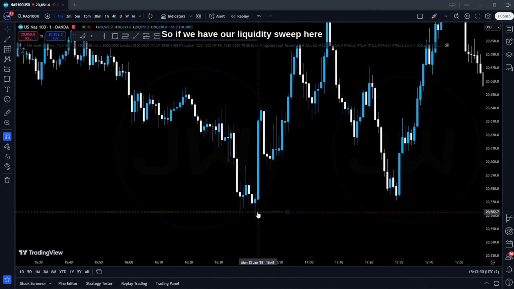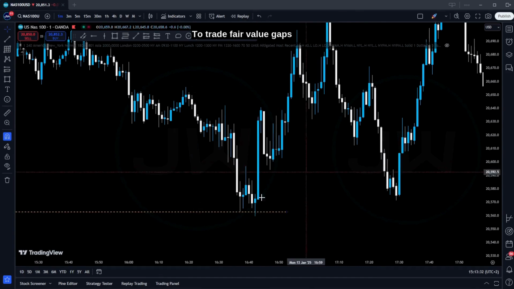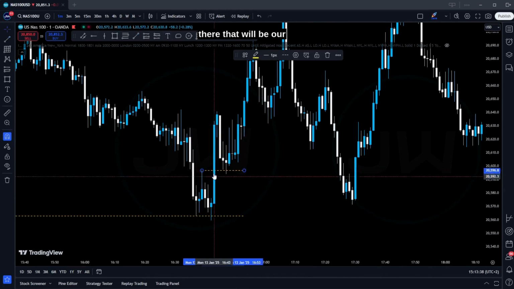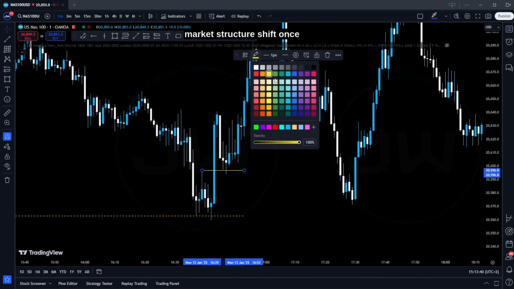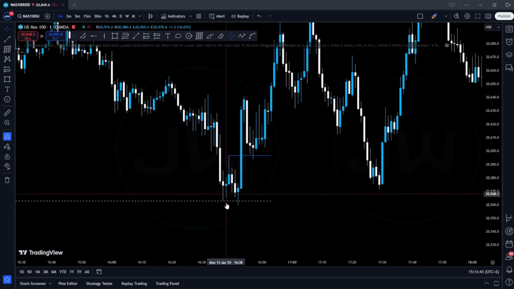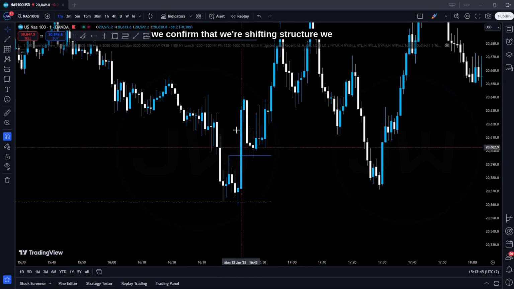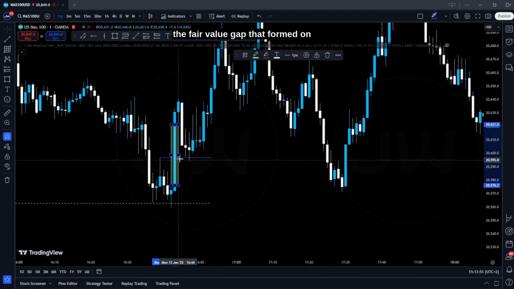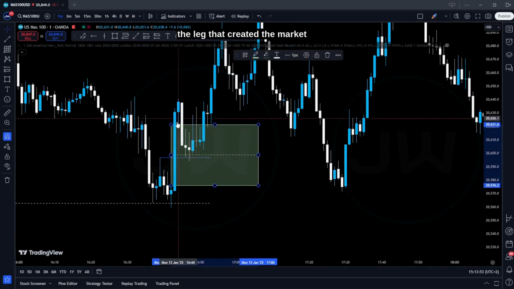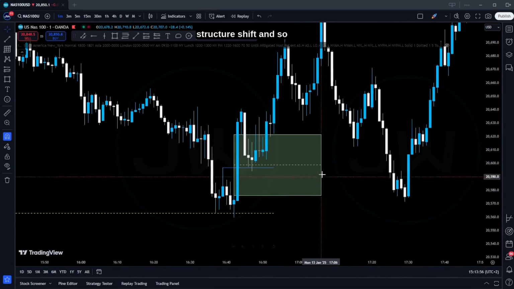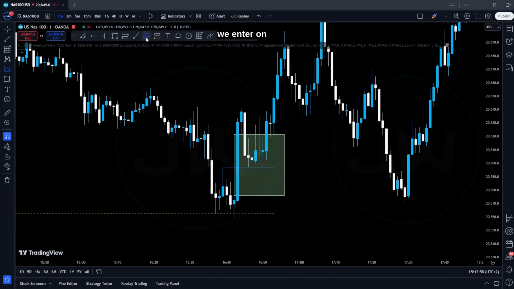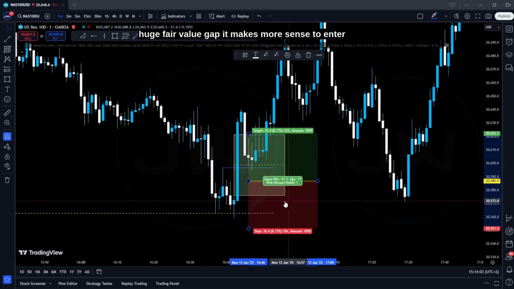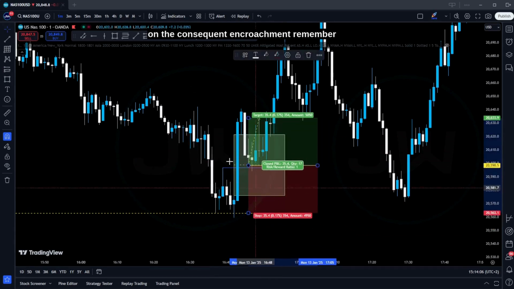So if we have our liquidity sweep here, to trade fair value gaps, we first look for our market structure shift. There, that will be our market structure shift. Once we confirm that we're shifting structure, we then look for price to tap into the fair value gap that formed on the leg that created the market structure shift. And so we enter on that fair value gap, right? Since this is a huge fair value gap, it makes more sense to enter on the consequent encroachment.